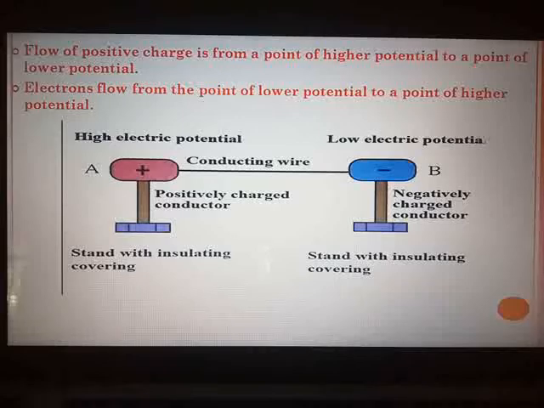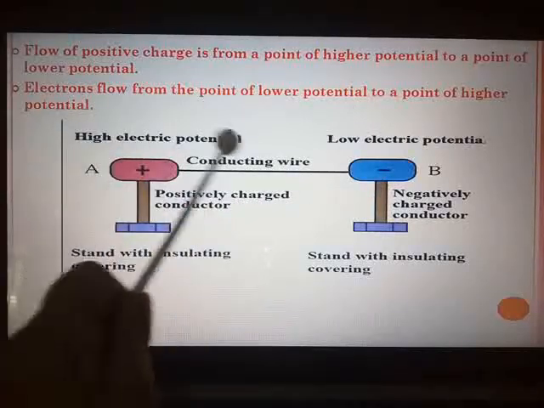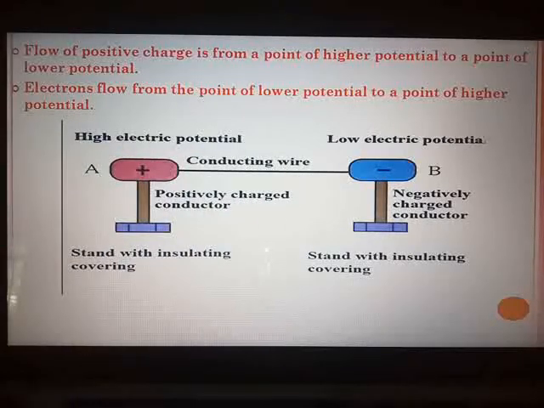Because electrons are negatively charged, and this flow will continue till both the conductors, A and B, have the same potential. Means in scientific terms, when their potential difference becomes zero, only then the flow of electrons from B to A is going to stop.